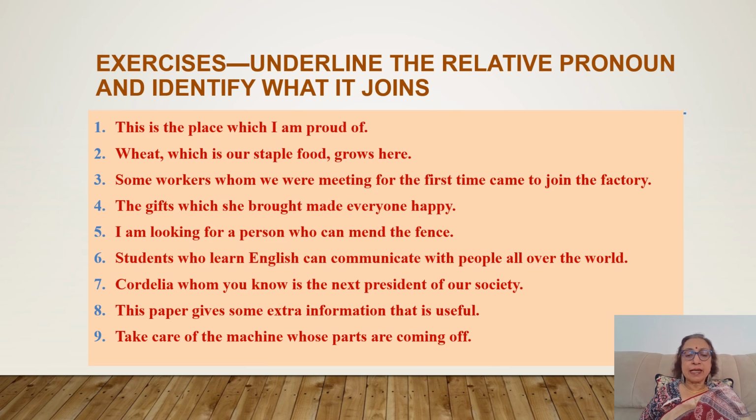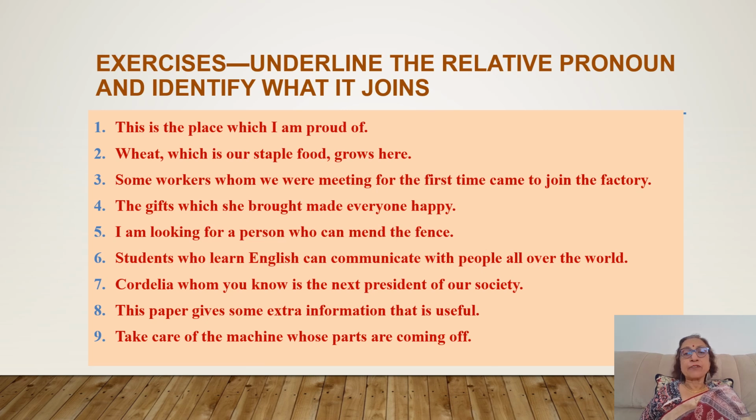Students who learn English can communicate with people all over the world. Cordelia, whom you know, is the next president of our society. This paper gives some extra information that is useful. Take care of the machine whose parts are coming off.